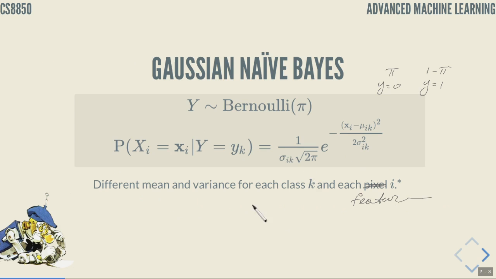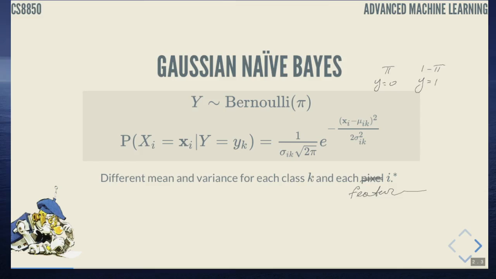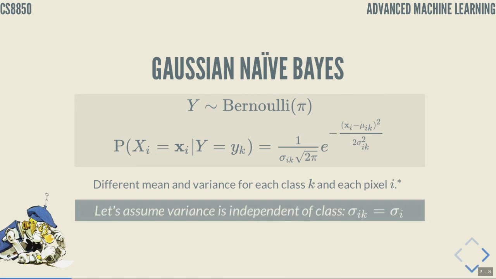The usual Gaussian distribution for a one-dimensional variable. But let's assume now that variances are independent of the class. So variance is just feature specific. It doesn't matter which class the feature belongs to.